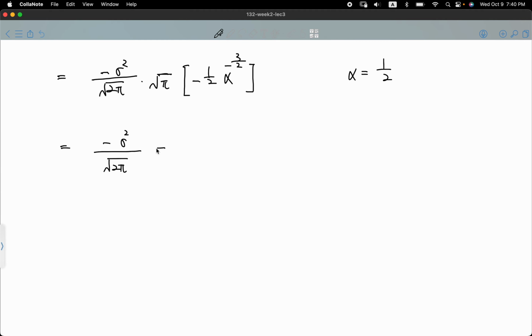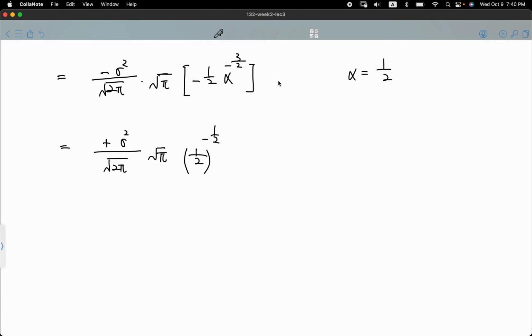Okay, later we'll work on the pi here. Also, the negative sign cancels out here. You will have 1/2, but raised to the power of negative 1/2. Because this is 1/2 raised to the power of 2/2, and you minus 3/2, so you only have one copy of 1/2.